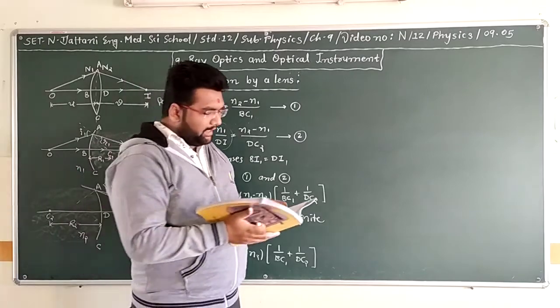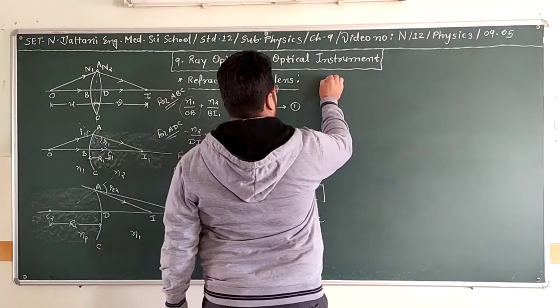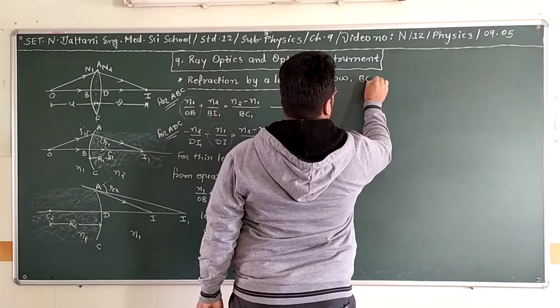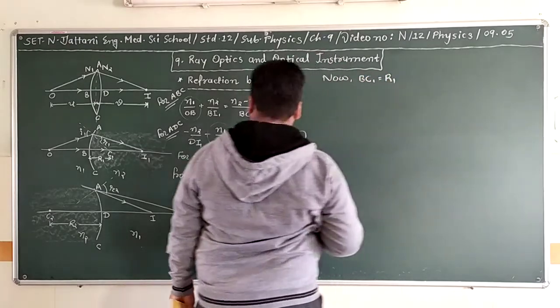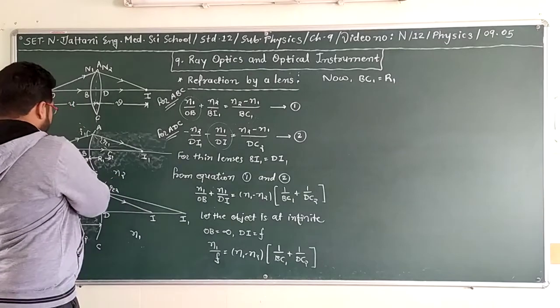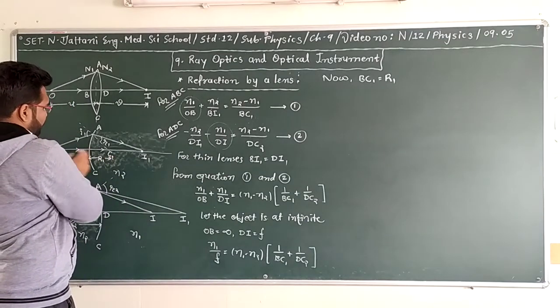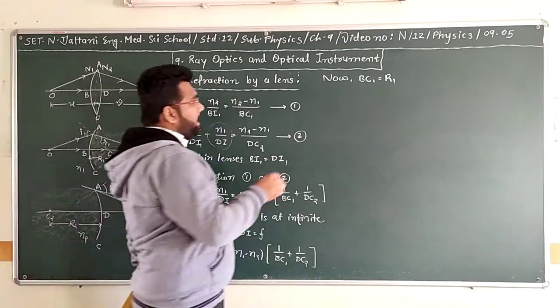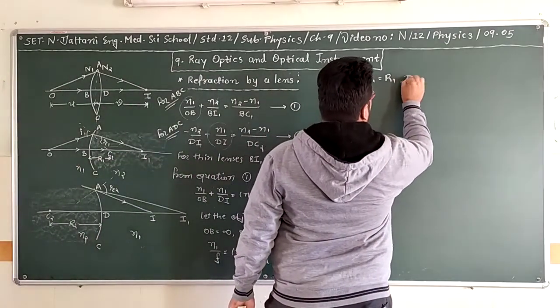Now bc1 is equal to plus R1, because here we can see that bc1 is R1, and dc2 is minus R2.